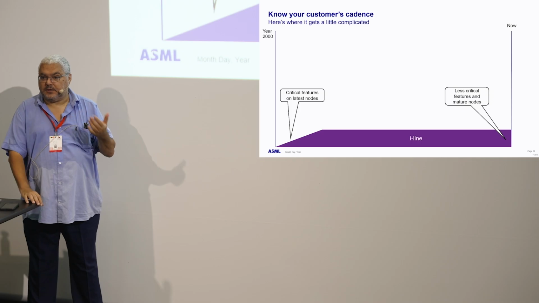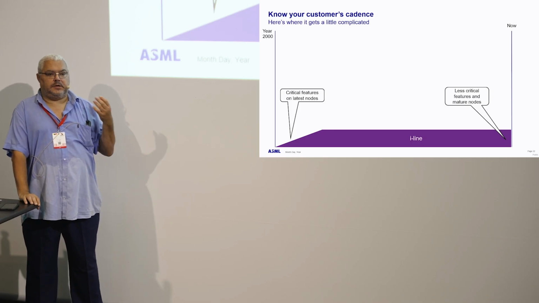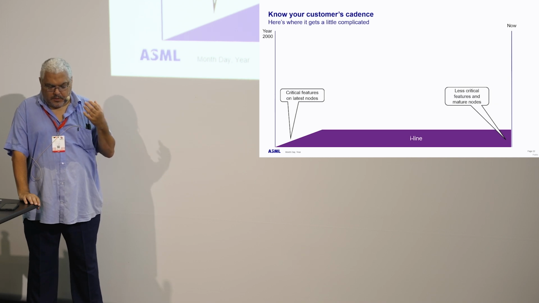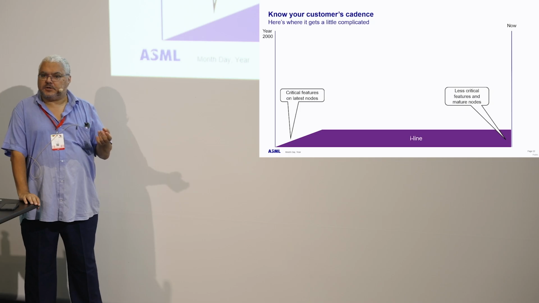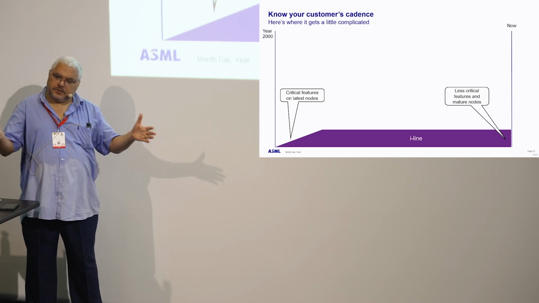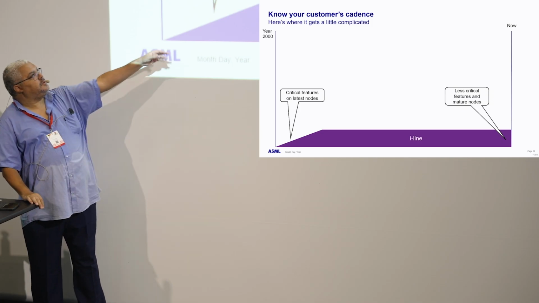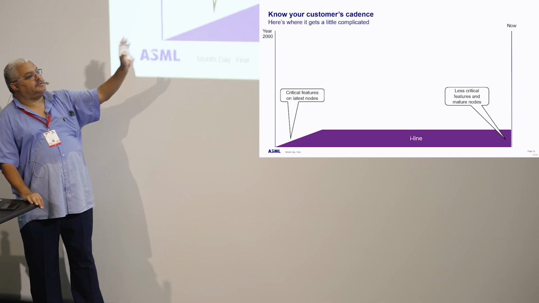All of our systems tend to be referred to by the wavelength of light that they use, which basically says, through the Rayleigh equation, what the minimum size of features is that they can print. So we've been going to shorter and shorter wavelengths over the years. And the systems we made back then, they were doing the critical features on the latest nodes.